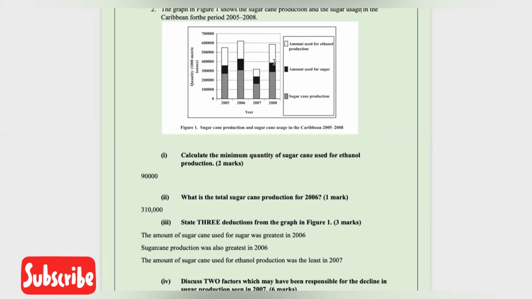The yield of the plants. Secondly, the Caribbean is prone to natural disasters like hurricanes. So it could be an instance where there was another natural disaster in the year 2007 that decreased the amount of sugarcane being produced in that year.